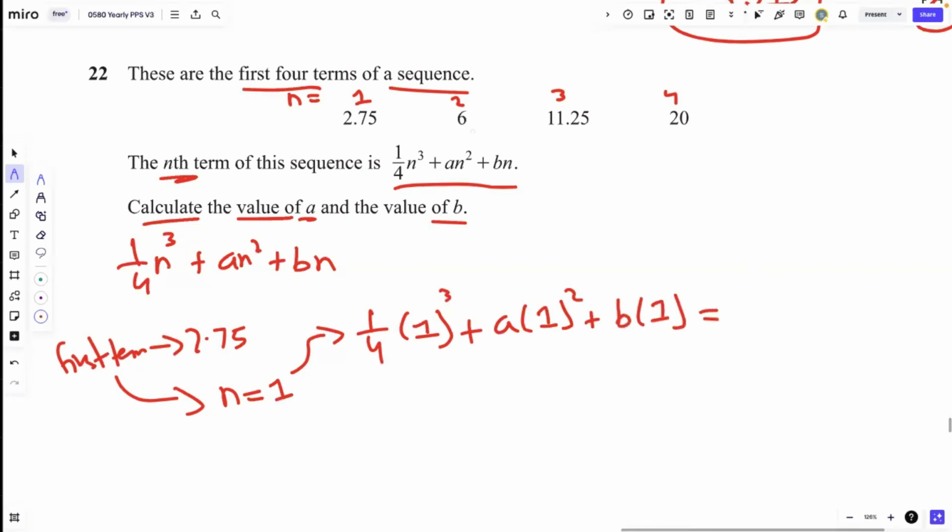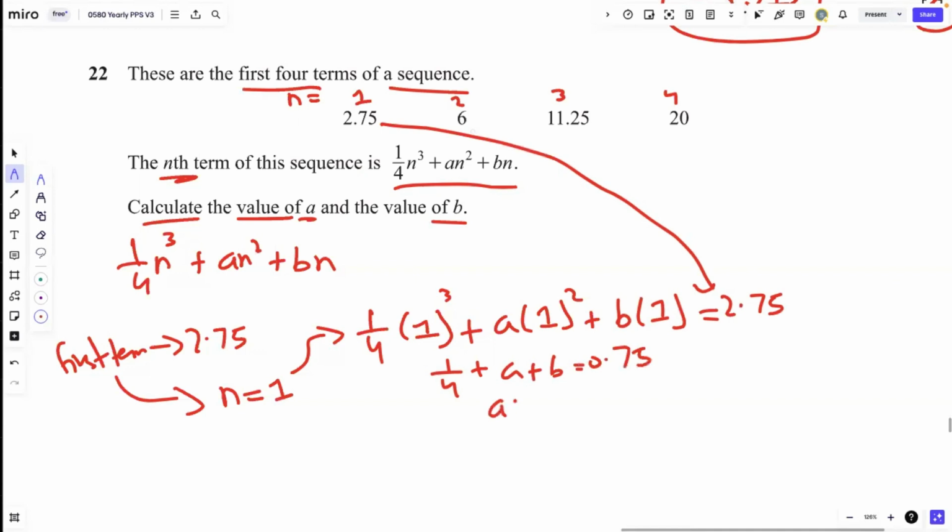And this should be equivalent to the first term, which is 2.75. When we simplify this further, we get that 1 over 4 plus a plus b equals 0.75. And a plus b equals, 1 over 4 goes on the other side, so it's 0.75 minus 1 over 4, which is 1 over 2.